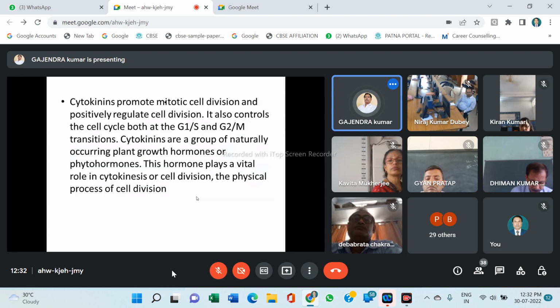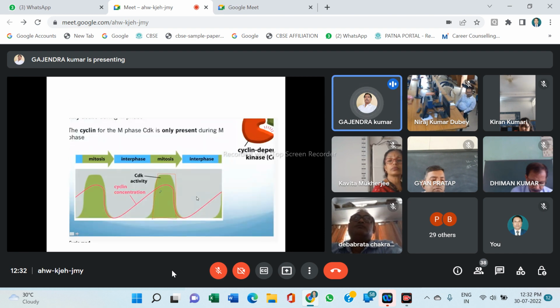The cyclin for the M phase CDK is only present in the M phase, mitotic cell division, interphase, mitotic, and again interphase. Here we can find the cyclin concentration, how it goes up and CDK activity takes place.